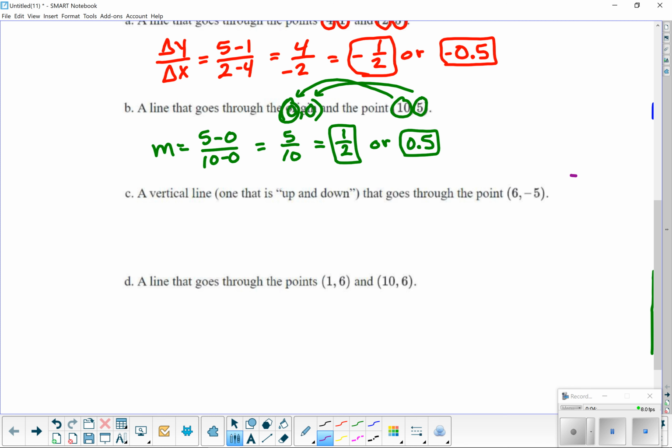So I know this is not graphing, but 6, negative 5 sits somewhere right here. Let me rewrite that. 6, negative 5. So a vertical line will have another point. Let's call this right here, let's go 6, 1.